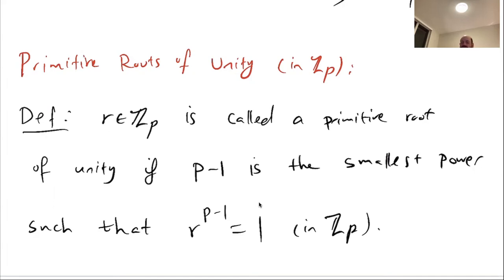Root of unity means a number that one of its powers is 1, right? For example, root of 4 is 2. Why? Because 2 to power 2 is 4. Now, root of unity means a power of r is 1. And primitive root of unity means p minus 1 is the smallest power such that r to that power gives 1.